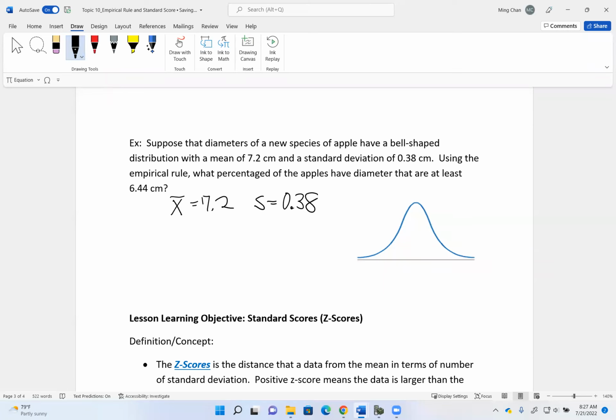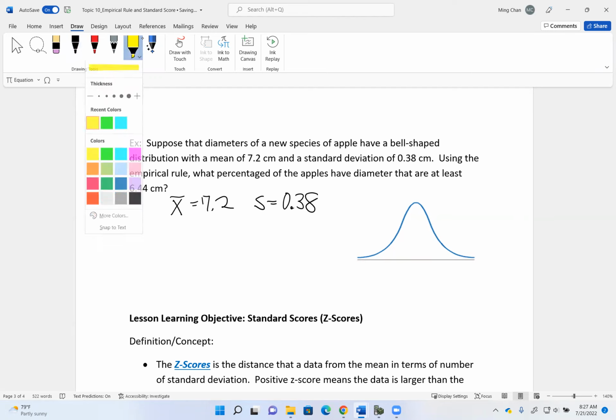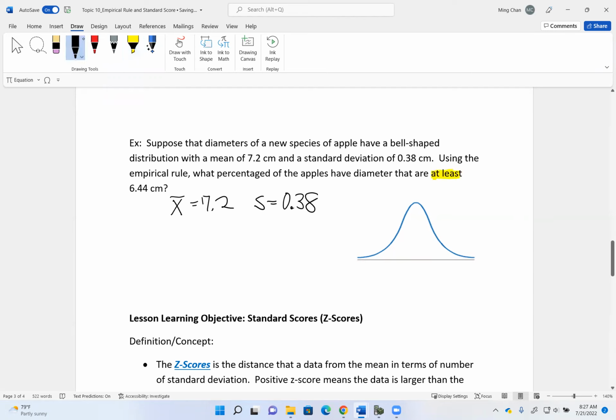Using the empirical rule, what percentage of the apples have a diameter of at least 6.44? At least 6.44. So 7.2 is right here in the middle, that's the mean, and 6.44 is to the left.